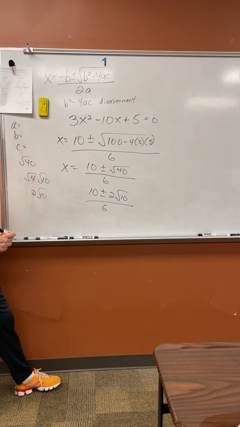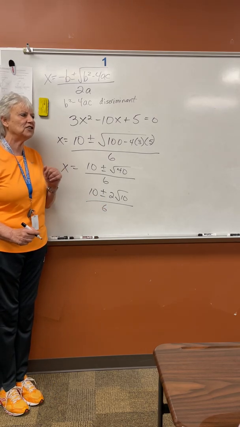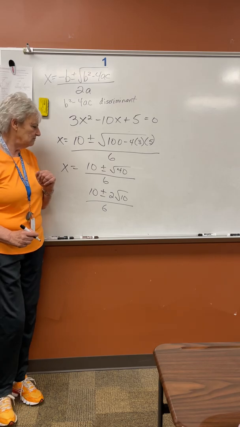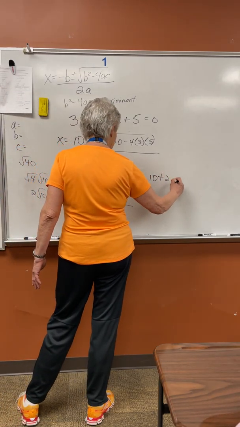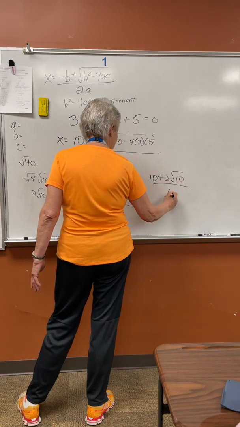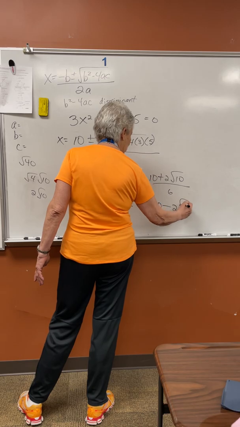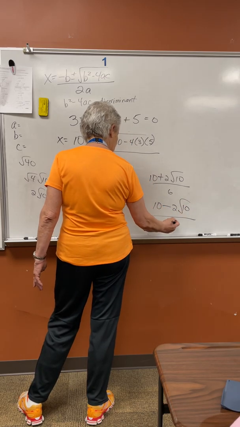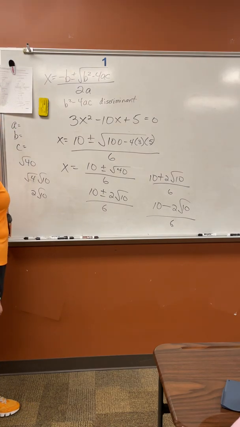Now let's see if you can plug this into a calculator if it says round to the nearest hundredth. So you're going to have to do 10 plus 2 radical 10 over 6 and 10 minus 2 radical 10 over 6. Let's get two answers here. This is a calculator issue.